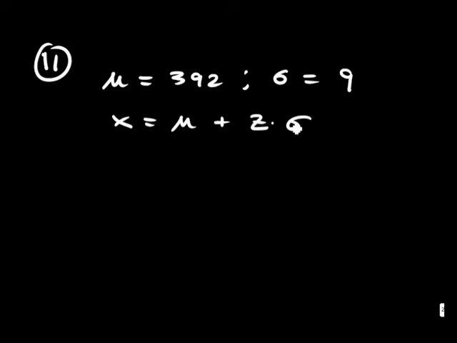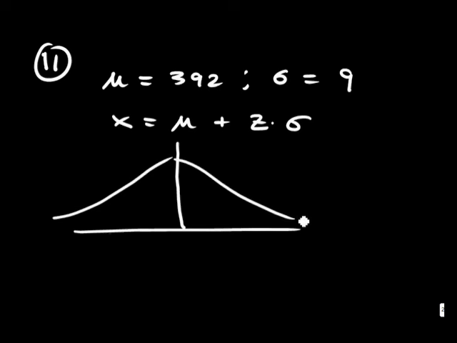Drawing the picture, 392 is the mean. They want us to find the value of X that represents the bottom 25%.